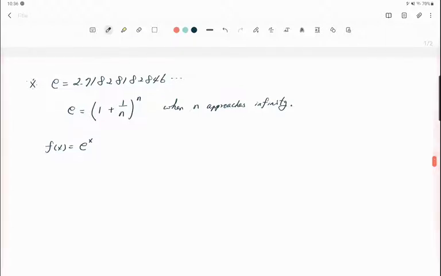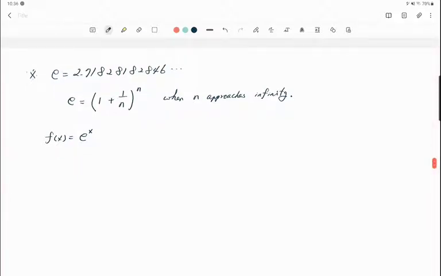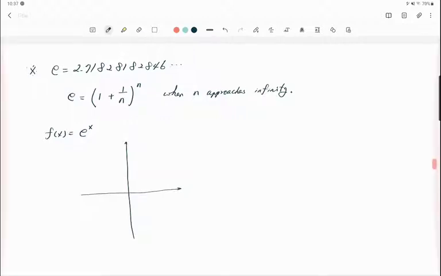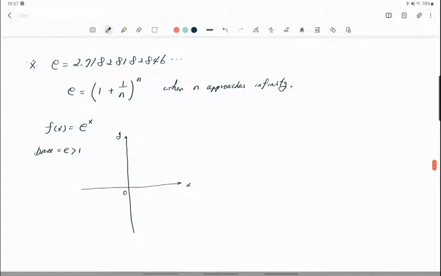All right, so we can write a function f of x equals e to the x. Make sure that e is a number, an irrational number, not a variable. When we graph this one, let's compare some exponential functions. In this case, the base is e, which is greater than 1, so the graph will be increasing. If x equals 0, then y is 1.